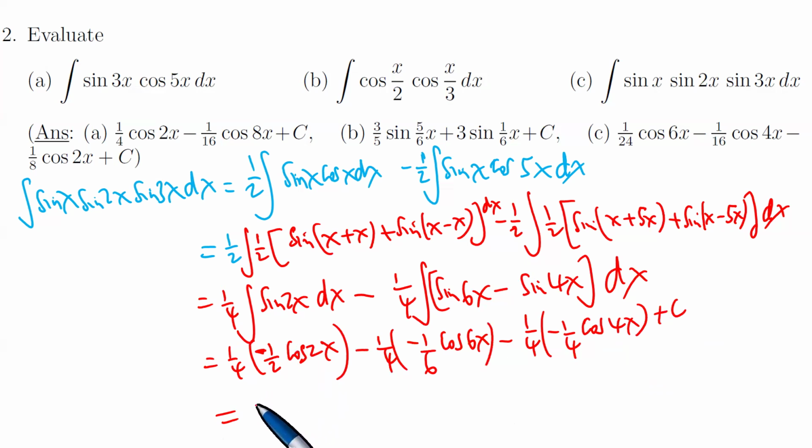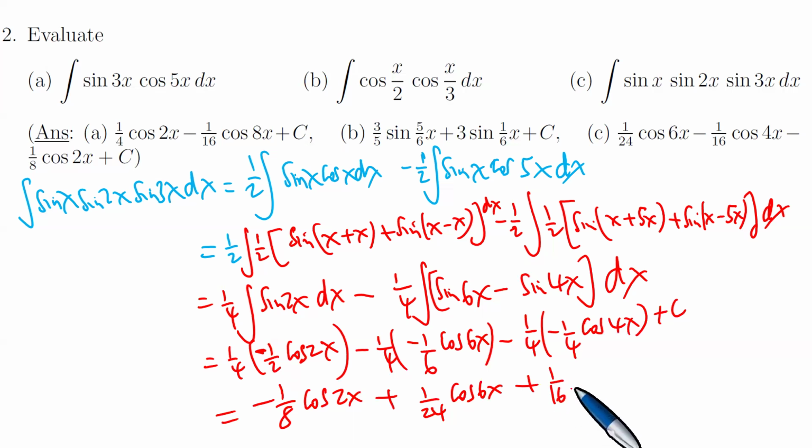So at this point it becomes minus 1/8 cosine 2x, and then this one, negative by negative is plus, 4 times 6 is 1/24 cosine of 6x, and then this is 4 times 4, 1/16 cosine 4x plus c.